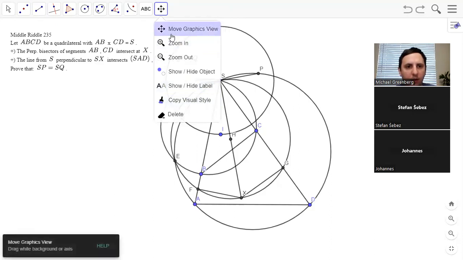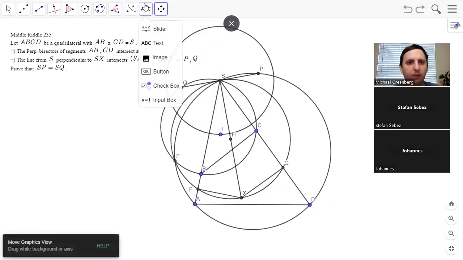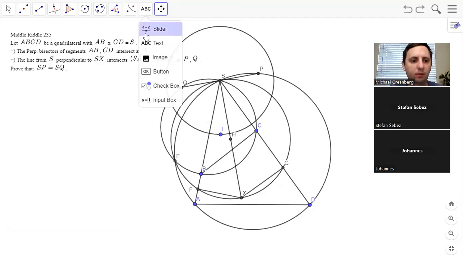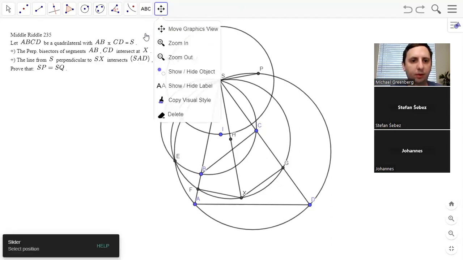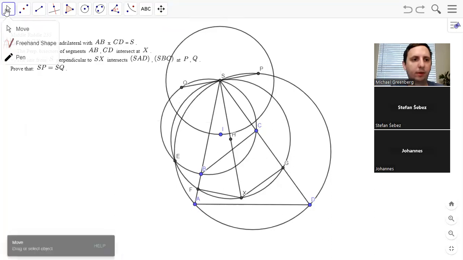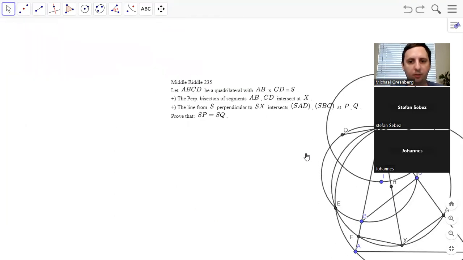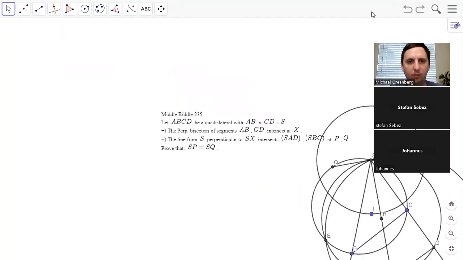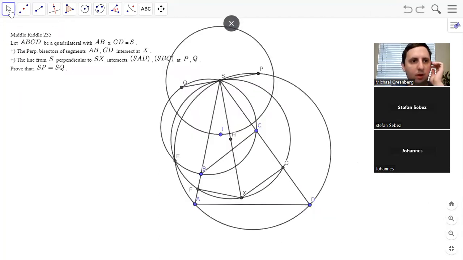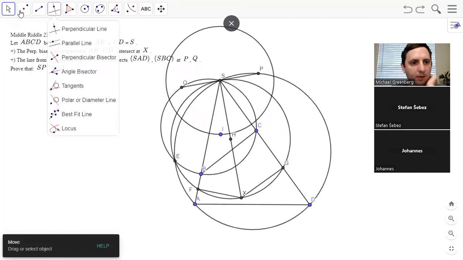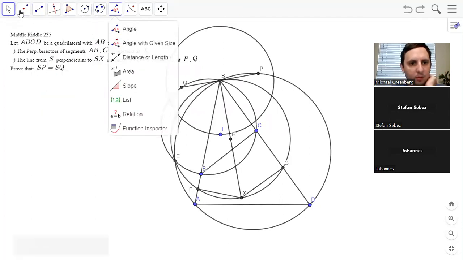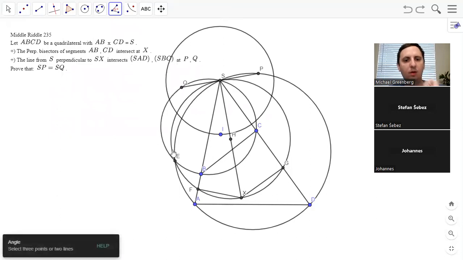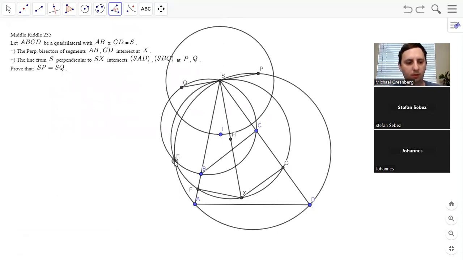I think select one point and then while holding control, click on another one.